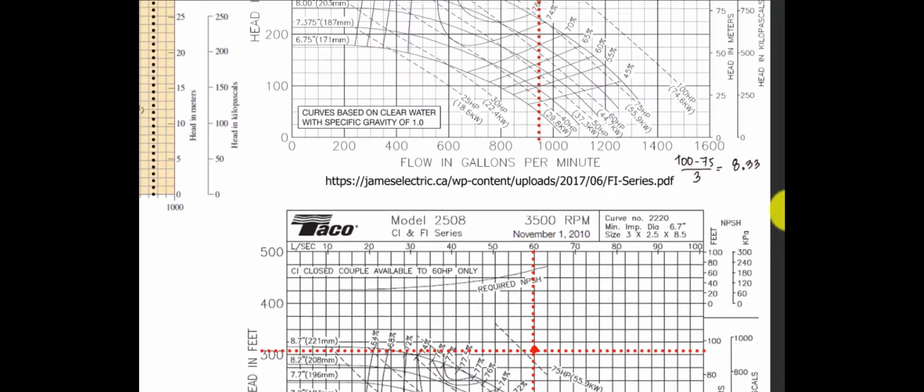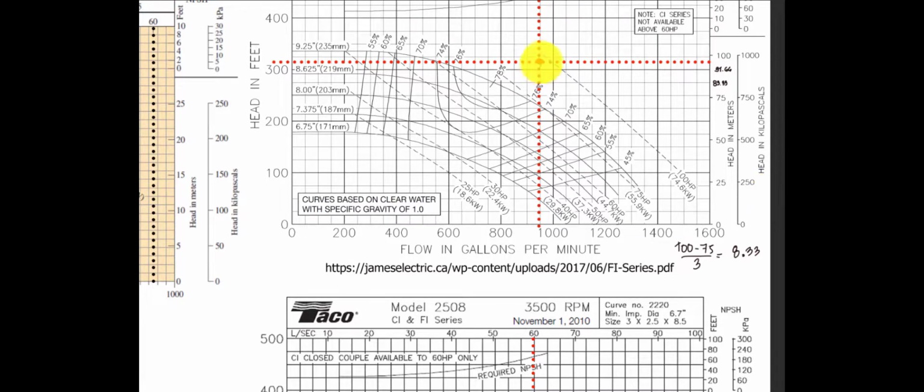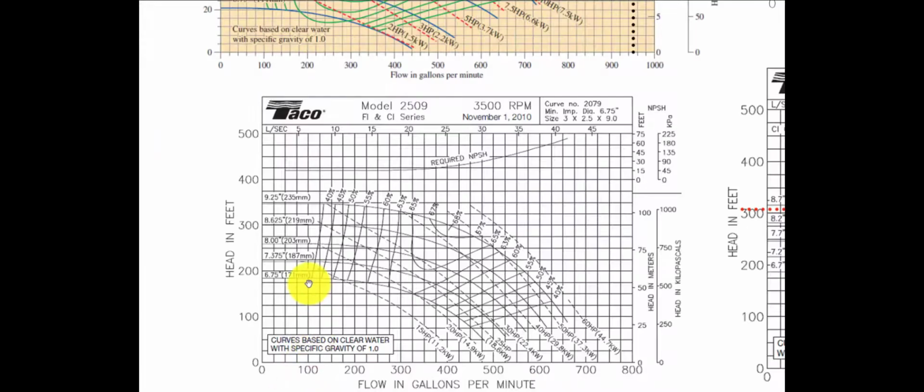From here you will notice this dotted line is somewhere falling beyond 100 horsepower. Now I bring down the model 2509 at the RPM of 3500.